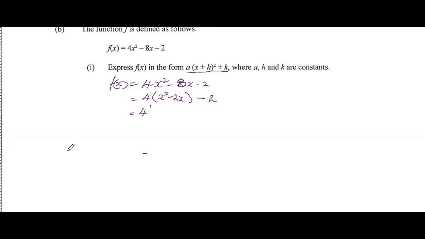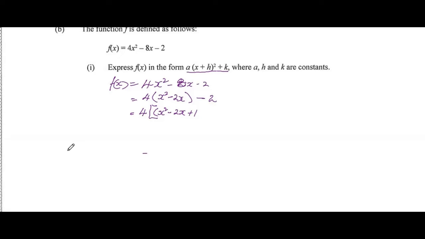So we write the 4. We have a bracket here. This is x squared minus 2x, and the procedure is half of this negative 2, which gives us negative 1, and we square it. So we have plus 1.